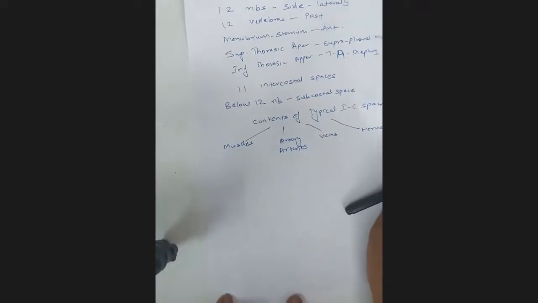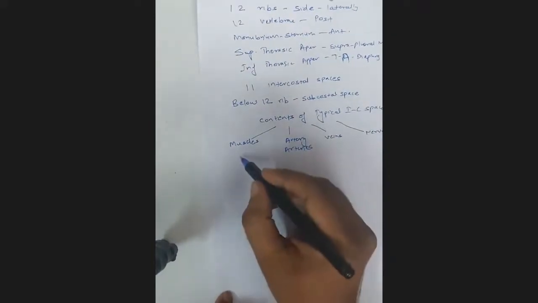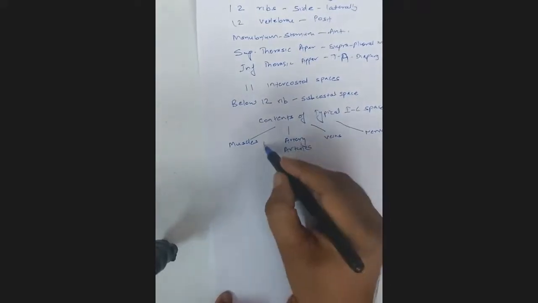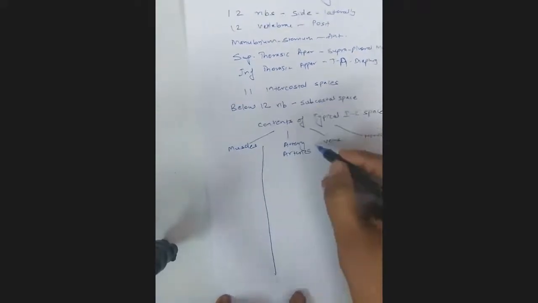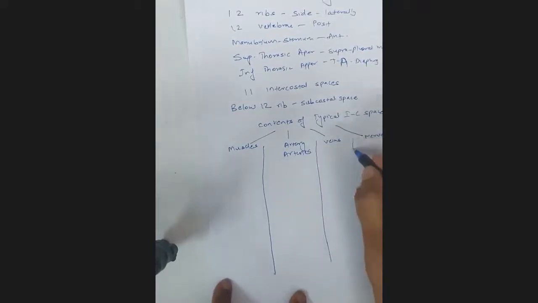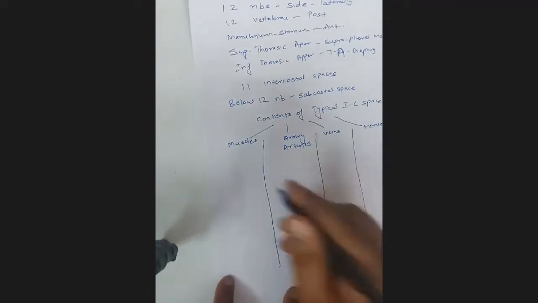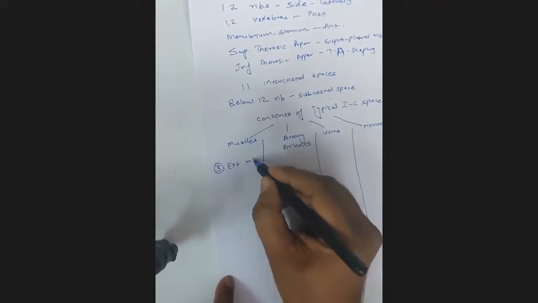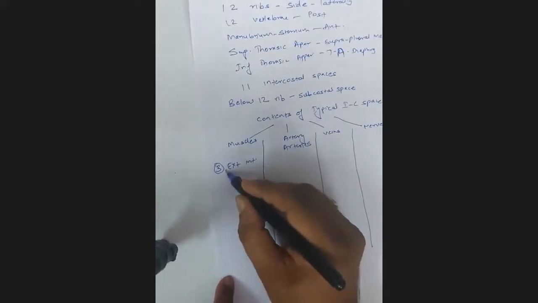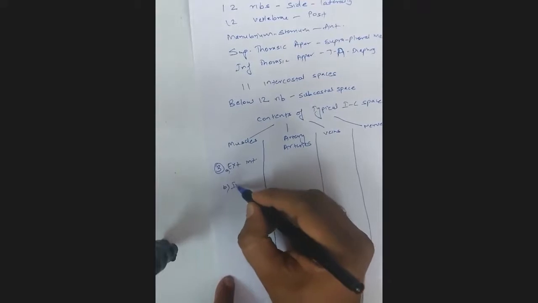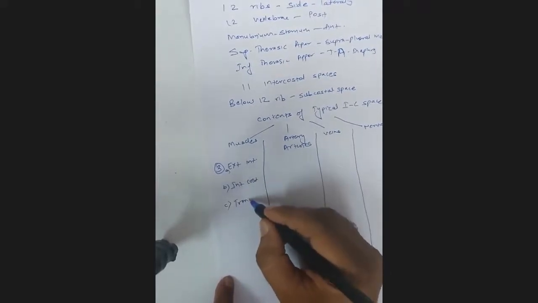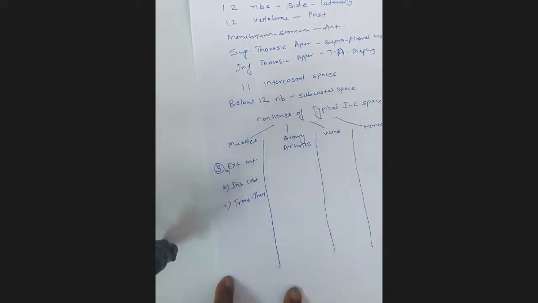Now let us firstly talk about the muscles. There are 3 muscles. Now I'll firstly give you a gross idea of all of this. One is the external intercostal muscle, the internal intercostal muscle, and transversus thoracis.